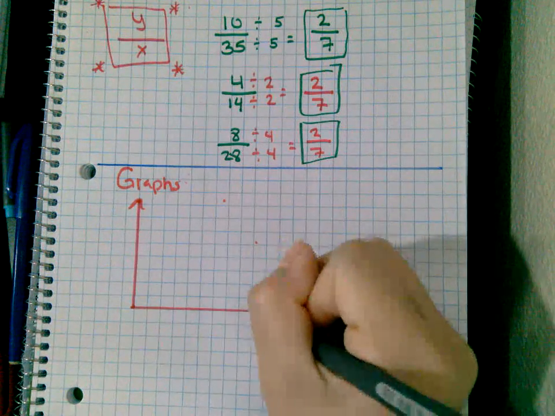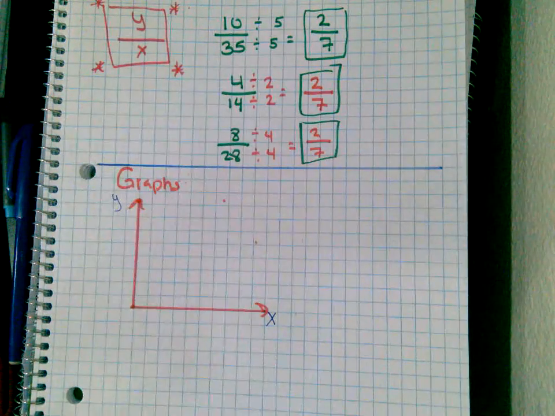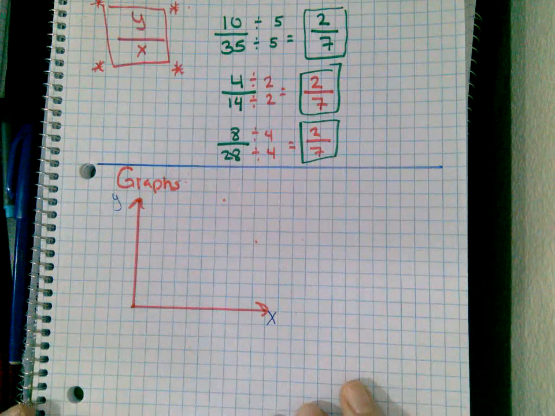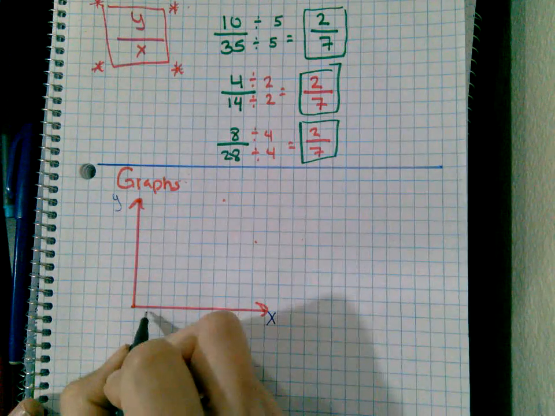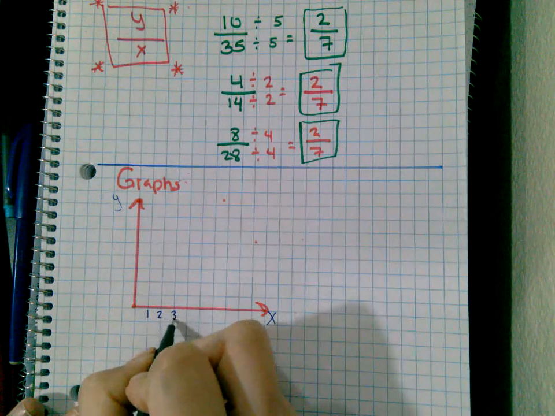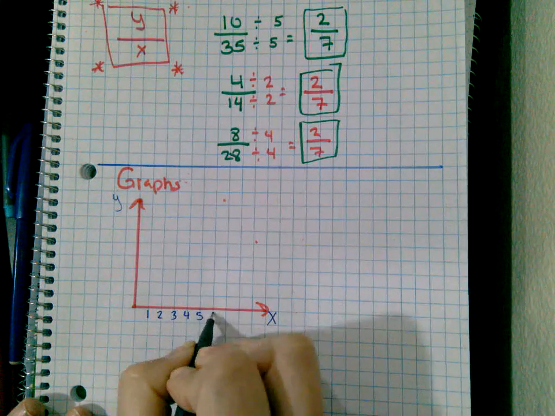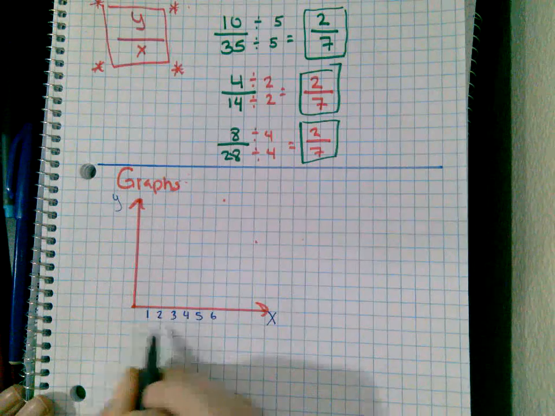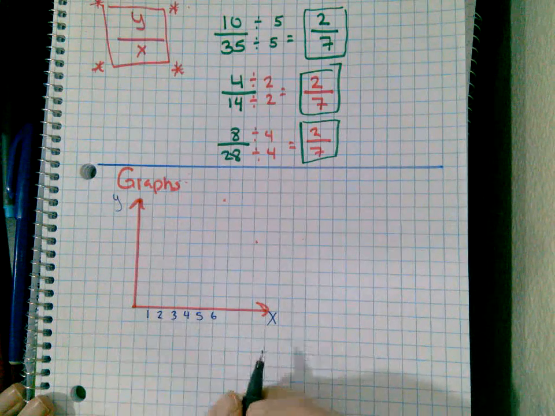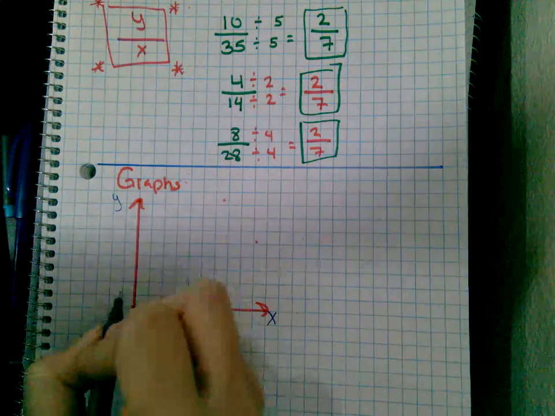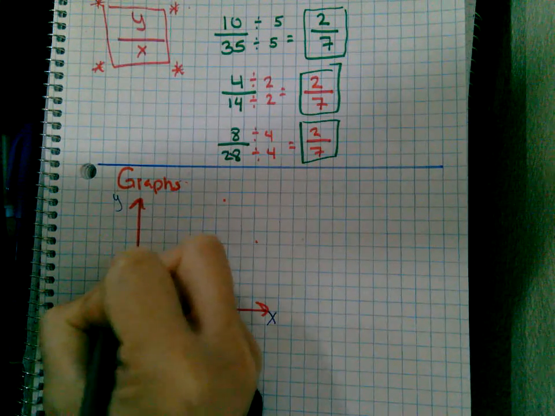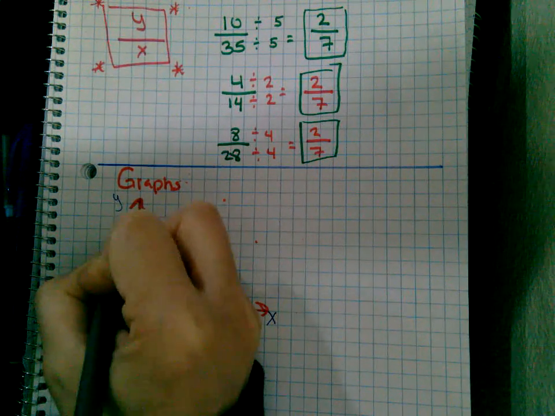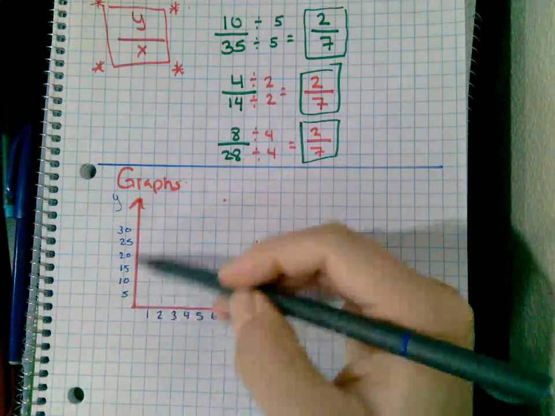Remember that this is your X and this is your Y. Okay, go up by ones. I just did 1 through 6. On my Y's, I went up by 5s.